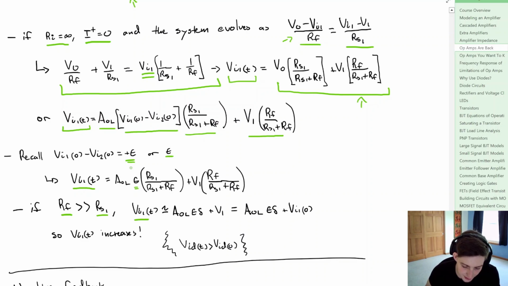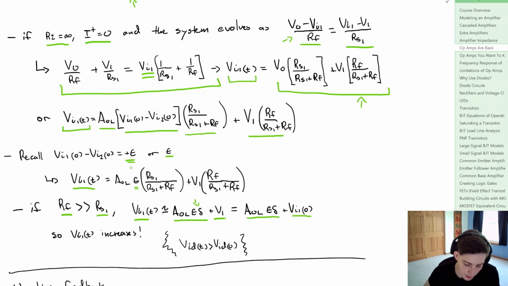We can say that Vi1, the input terminal, is approximately equal to the open loop voltage gain times epsilon times delta, both of which are quite small, plus V1. Or we can express that as that first term plus Vi1 at time equals 0.